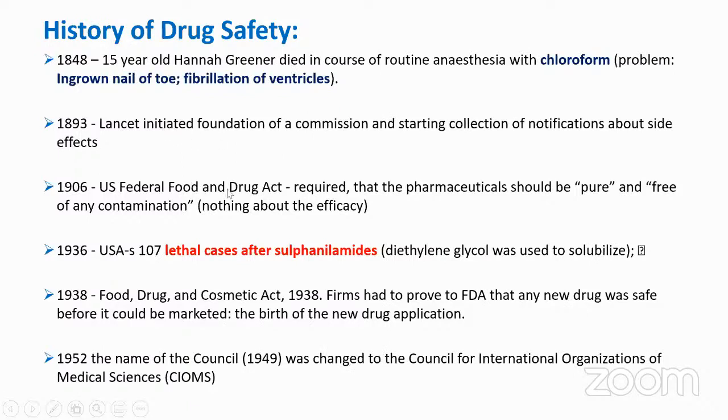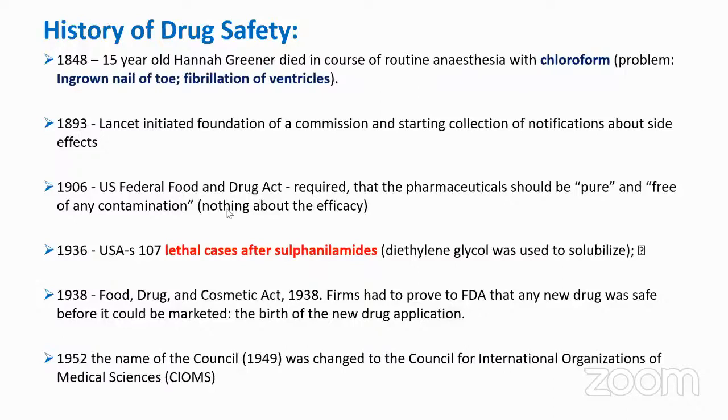In 1906, the U.S. Federal Food and Drugs Act required that pharmaceuticals should be pure and free of any contamination, with nothing about efficacy. This is a standard act, strictly implemented, for whatever drug you are releasing into the market.